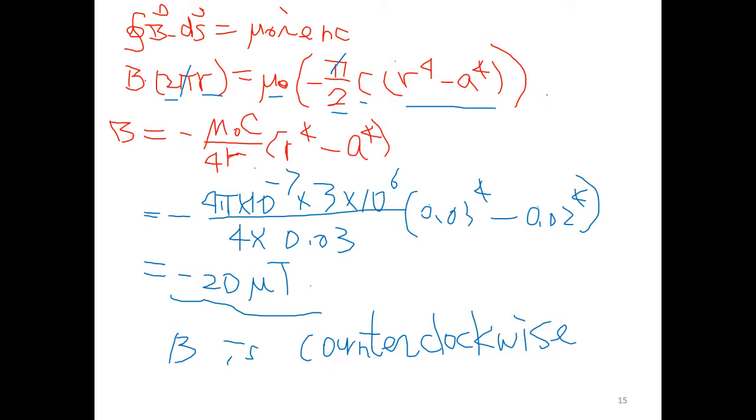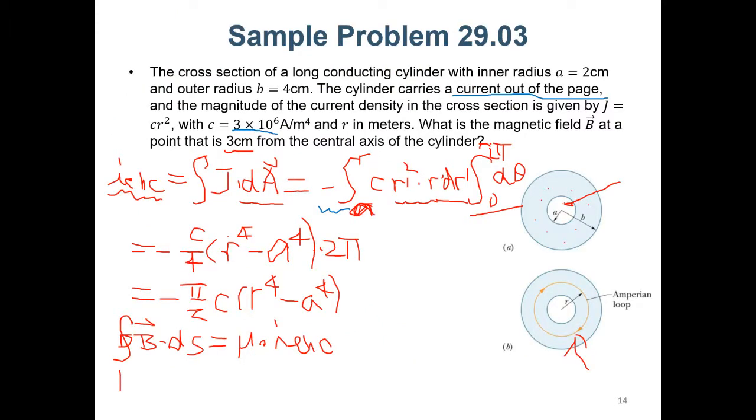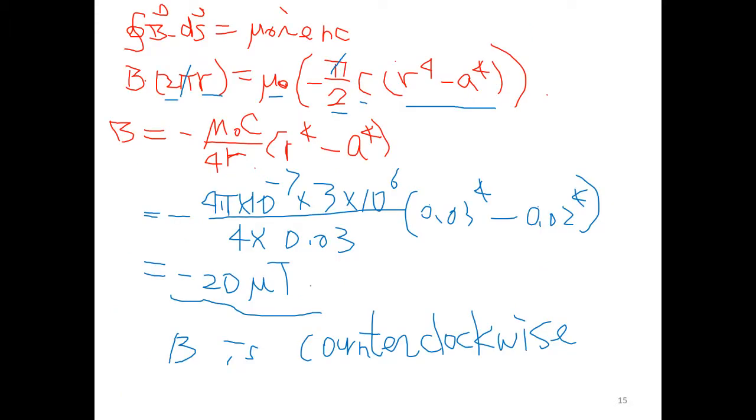So it doesn't really matter if you assume the Ampere loop to be clockwise or counterclockwise. If you can manipulate the positive or negative sign correctly, the answer should be correct. Any questions?